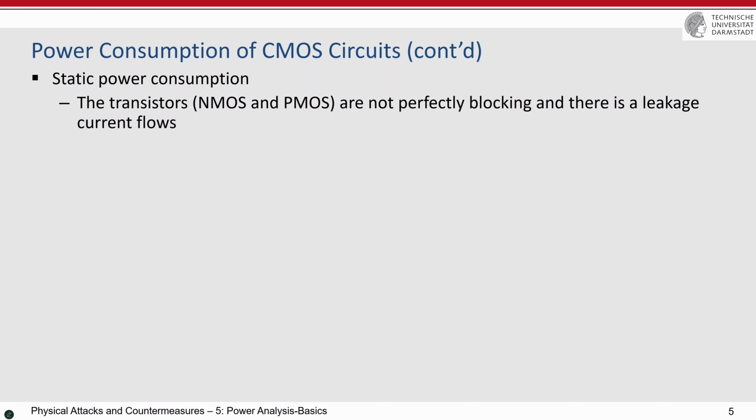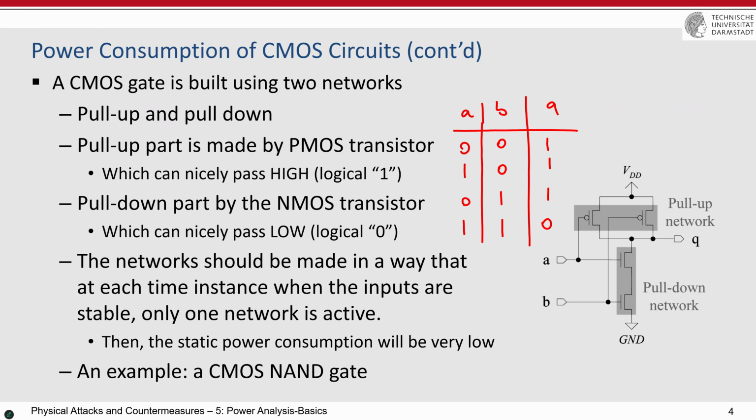Now, look at here again. Suppose that A and B are both 0. Then this is not passing and this is not passing, and the current is passing through here, through the pull-up network to the Q.